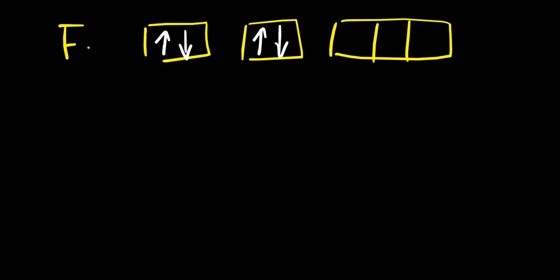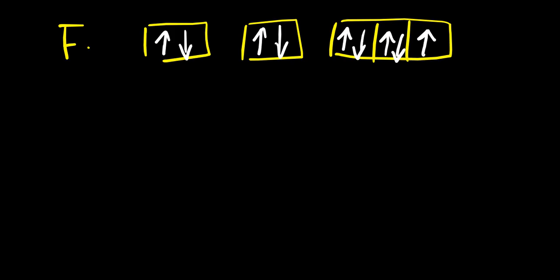Now we go to the 2p. Let the first ones fill. Now we're remaining with 2, so they will come and fill like that. So that is for fluorine.